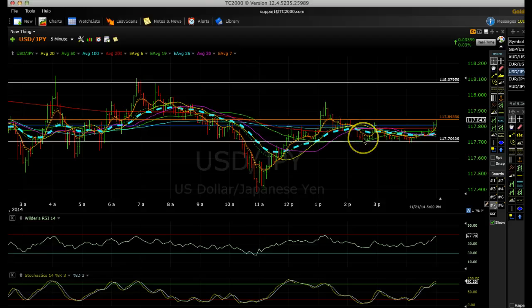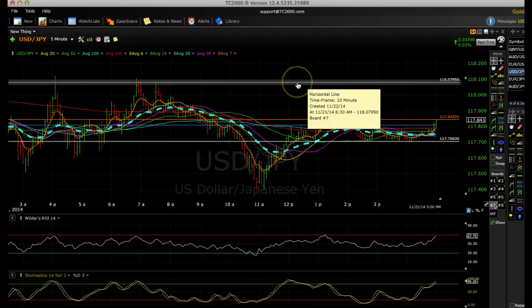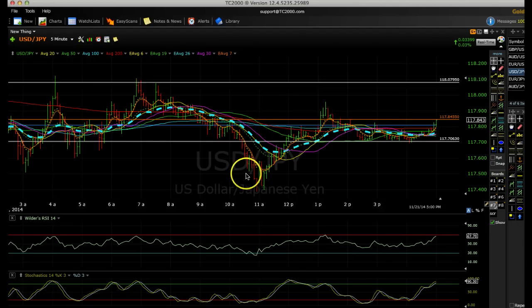Going down. Now, if we actually had more time, if the market didn't close at 5, so say the market continued to go on like it does during the week instead of closing on Friday, this line here, or the level that you actually drew here, is actually your target on a bullish run.